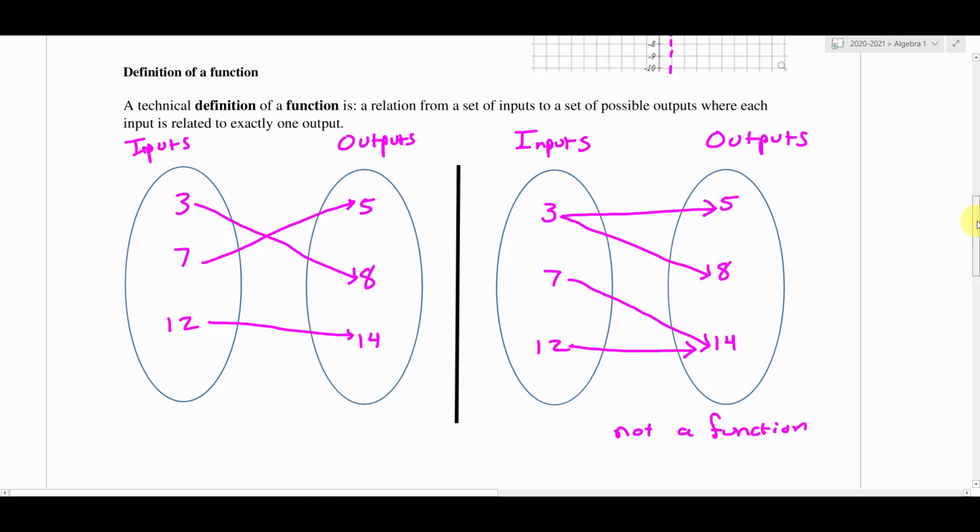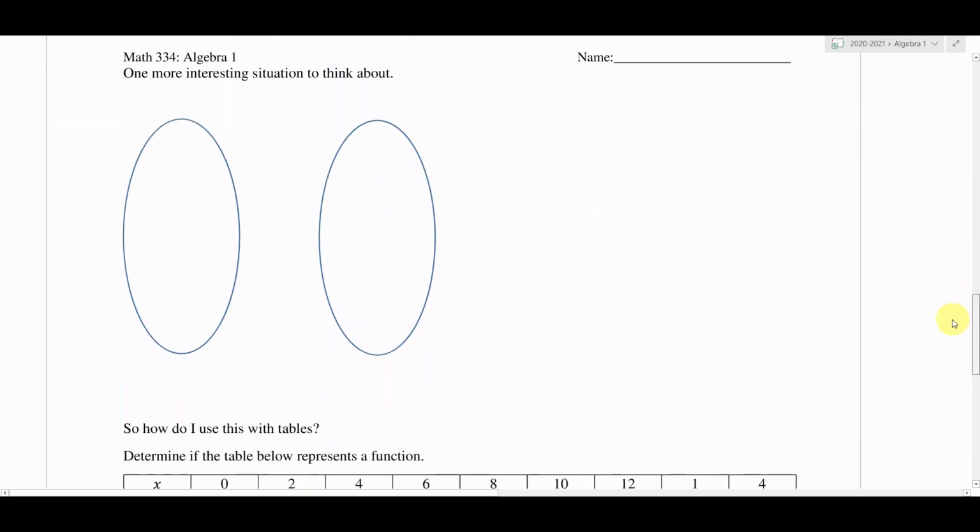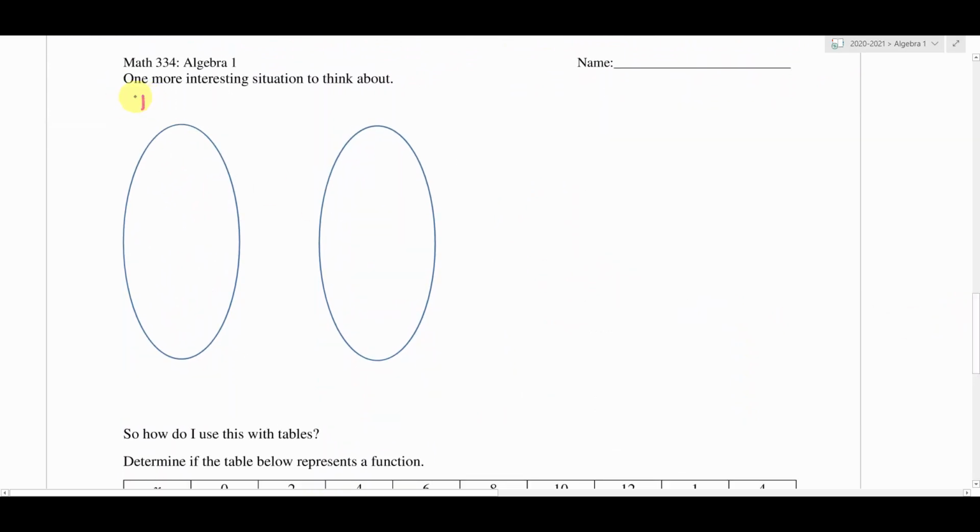Now, let's look at one more interesting situation. Again, these are going to be inputs, and these are going to be outputs. Let's do 3, 7, and 12 as inputs, but only one output this time. Let's do 11.